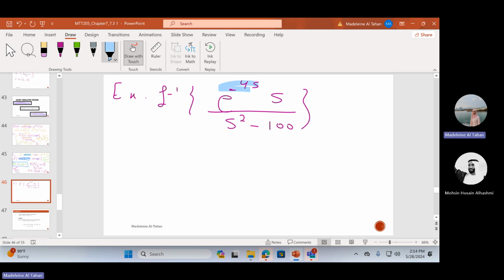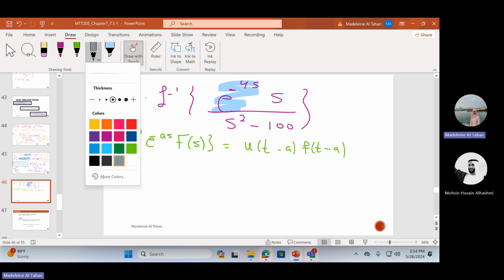We have e power negative something. It means that we are applying here the translation formulas, which is the second translation formula. So the first thing we need is to write the formula that we have: Laplace inverse of e to the negative a s F of s is u(t minus a) f(t minus a). And we put it in a box.